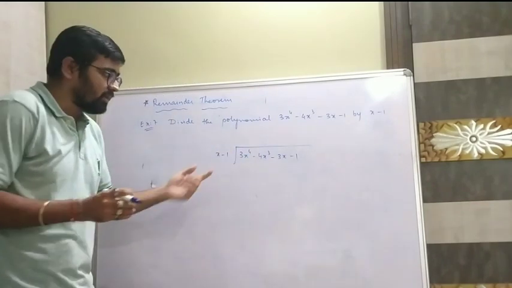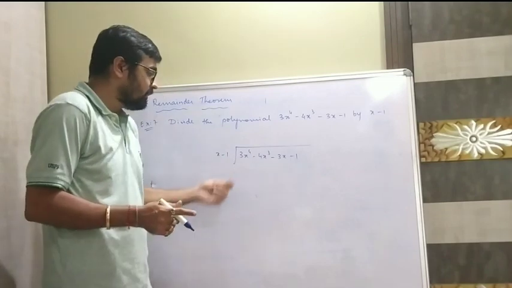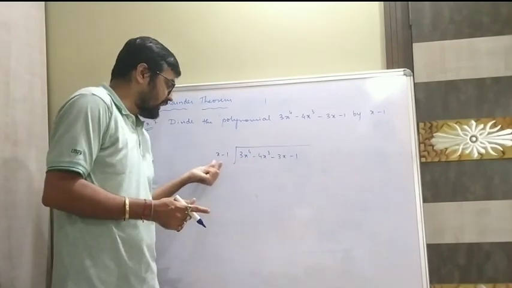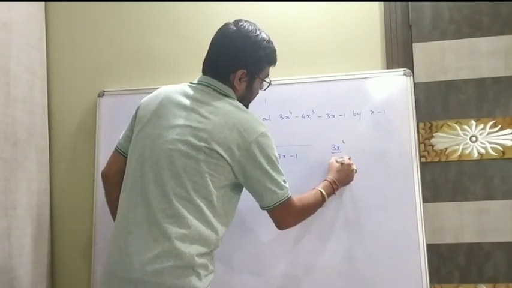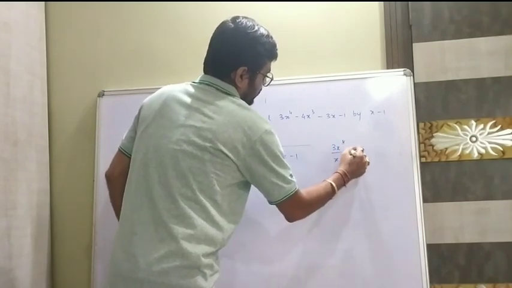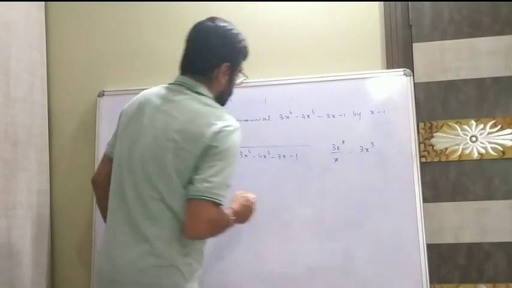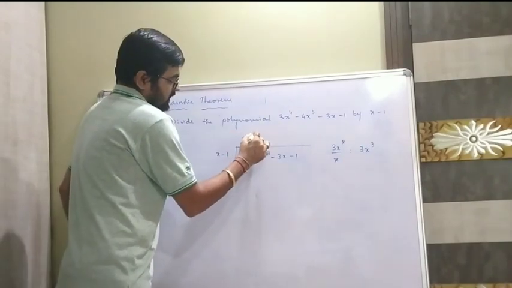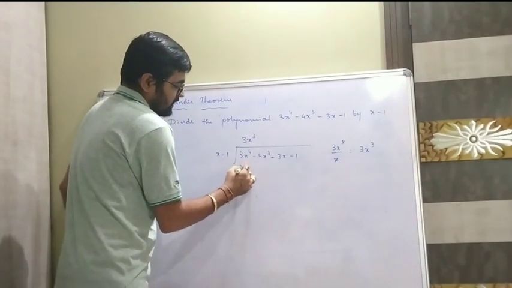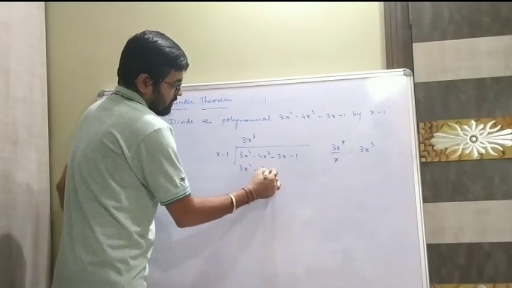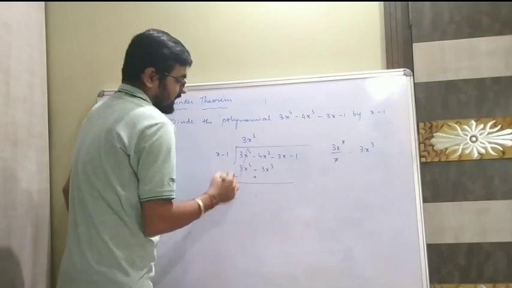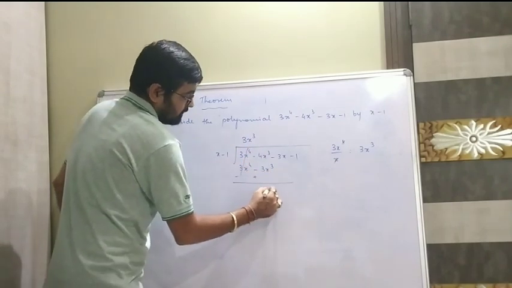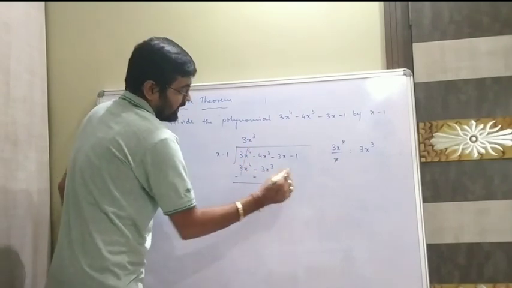As I told you in the previous problem, first take the first term of your dividend divided by the first term of your divisor. This will give us 3x cube. If I multiply, 3x raised to 4 minus 3x cube, these two get cancelled, minus 4 plus 3 gives minus x cube, minus 3x.